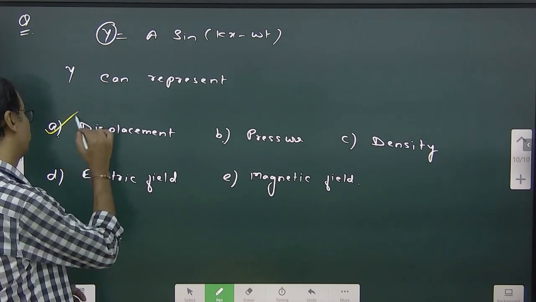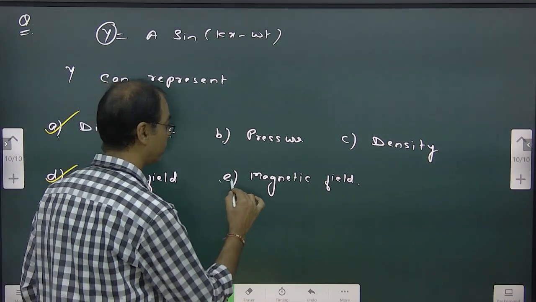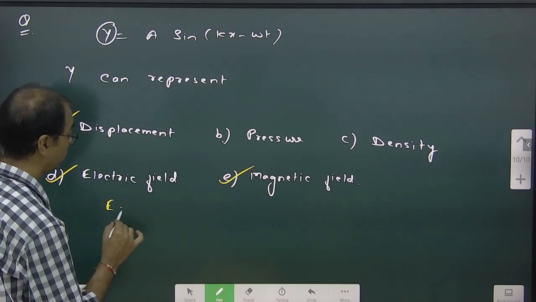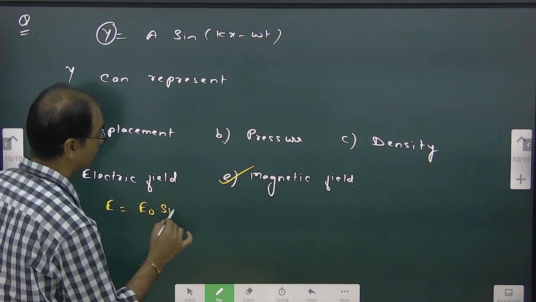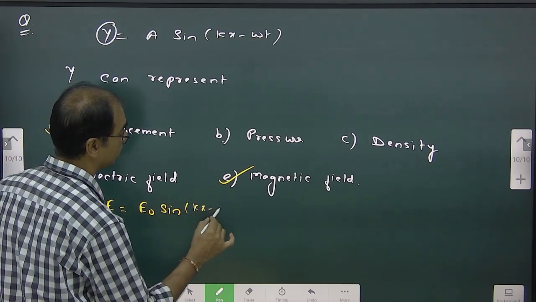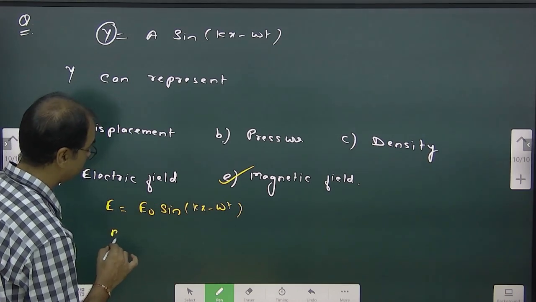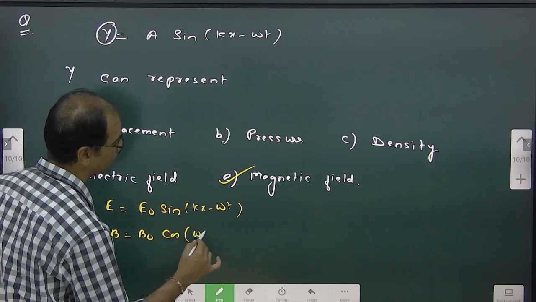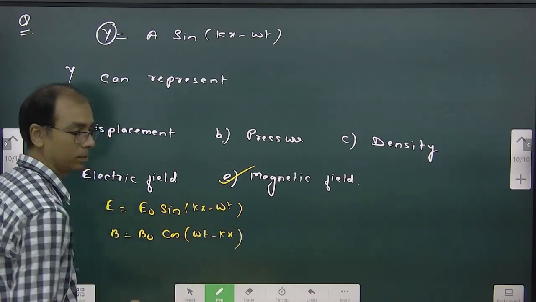In an electromagnetic wave, we wrote E equals E naught sin(kx minus omega t), or B equals B naught sin or cos, whatever, something like omega t minus kx. We have done both.